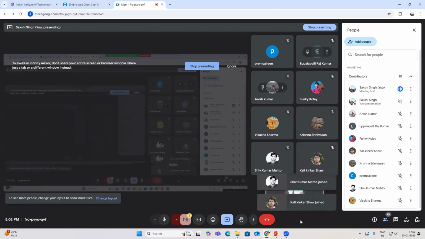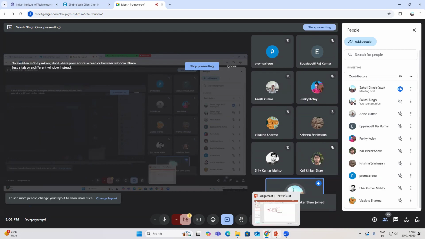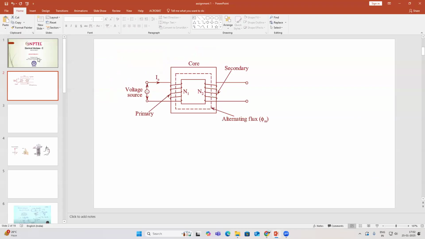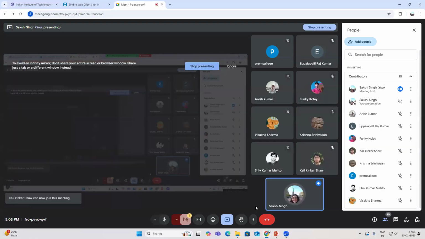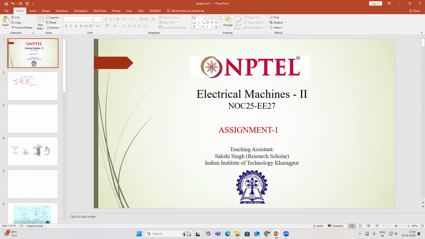So this is Electrical Machines 2, where we will be seeing induction machines and synchronous machines. Some of you have done the last Electrical Machines 1, where we discussed the DC machines and the transformers.